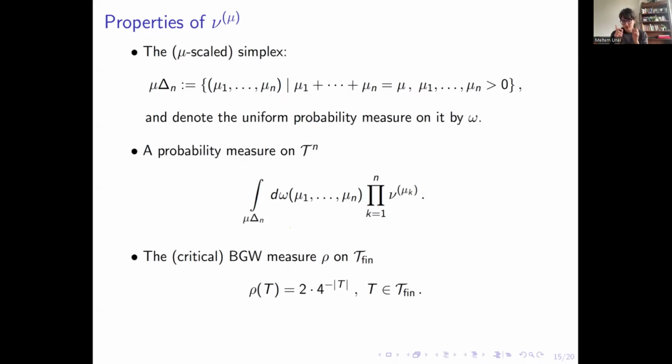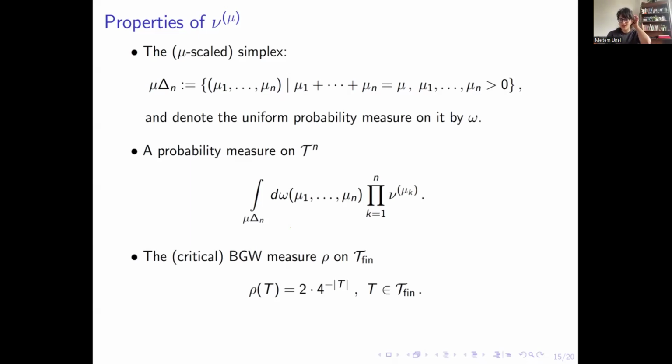And one more definition, just background. I will give the explicit expression of the Bienaymé-Galton-Watson measure rho on the set of finite trees.